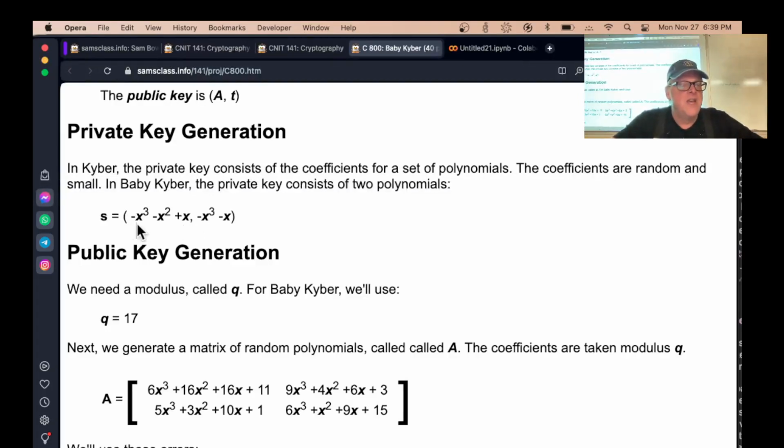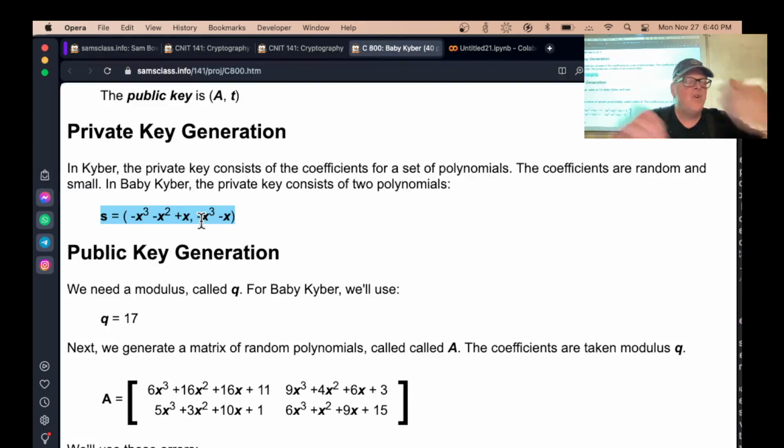Those are the coefficients. So this is the first randomly generated vector. It's technically a vector because it is 2 polynomials. It's a vector in 2 dimensions, and the 2 dimensions each contain a polynomial. So it's a little screwy, but it turns out the math is not too hard. So that's the secret key.